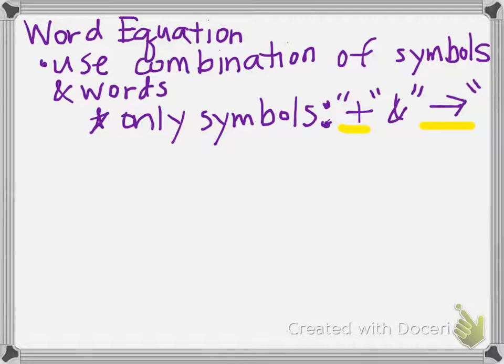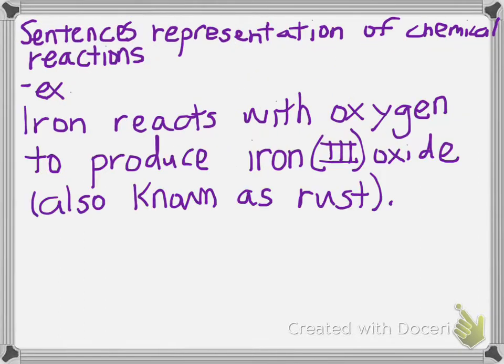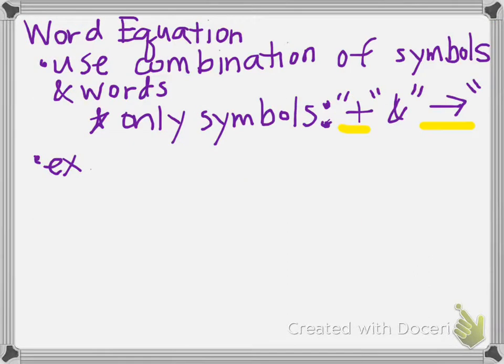So, again, if we look at that example sentence that we just wrote, okay, so that iron reacts with oxygen to produce iron 3 oxide, also known as rust. So, the plus signs, okay, those are going to be your ands and reacts with.